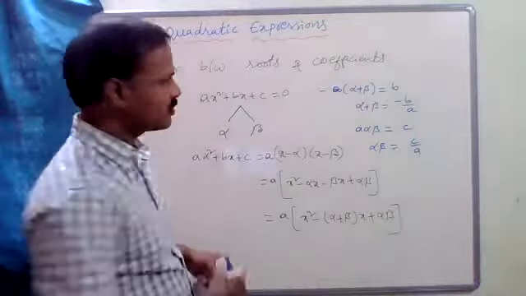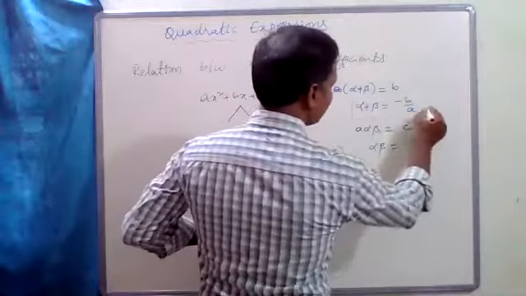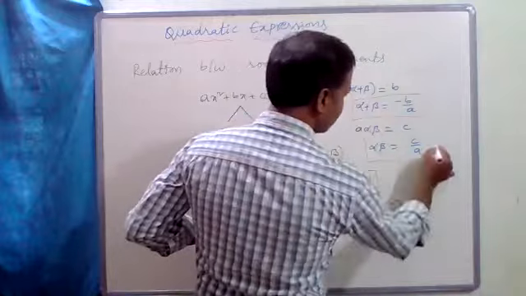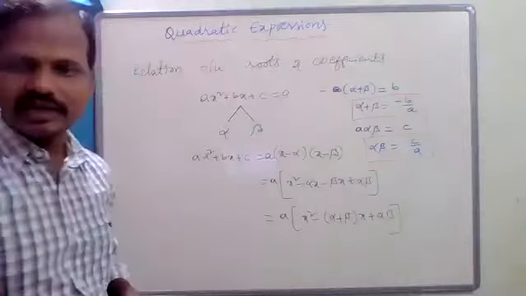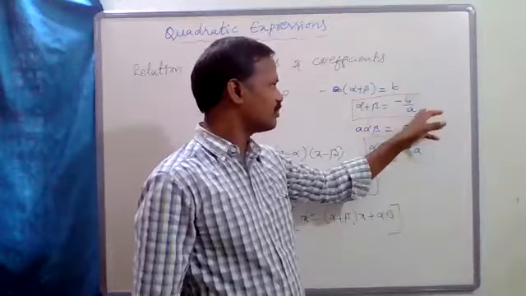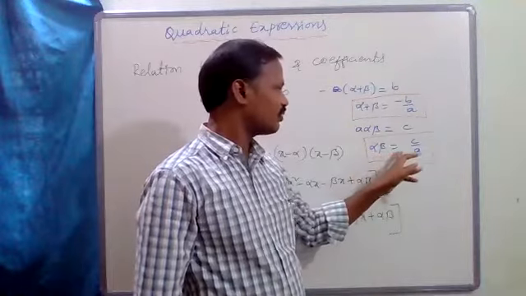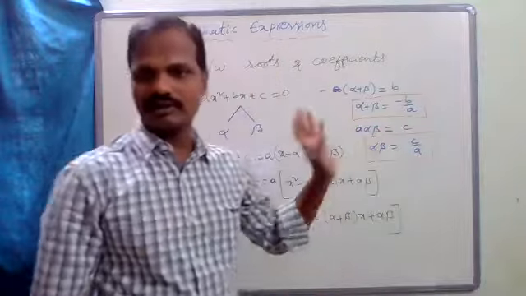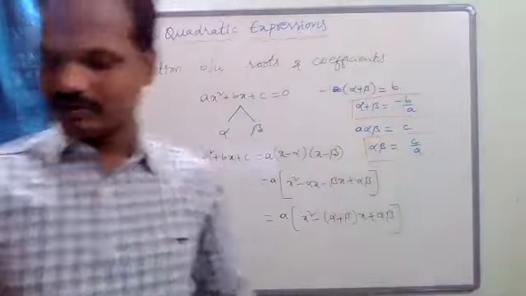Okay, fine. So the relation between roots and coefficients is alpha plus beta equal to minus b by a, alpha into beta equal to c by a. You know this one in 10th class itself. Okay, fine.